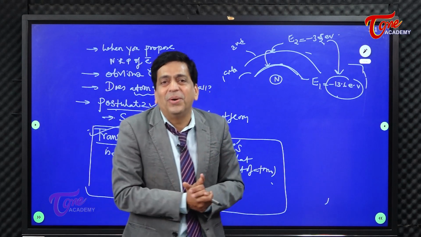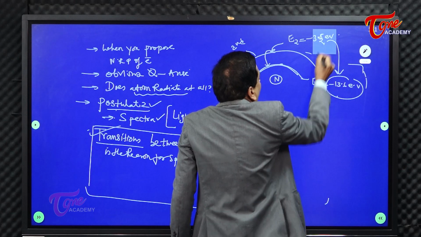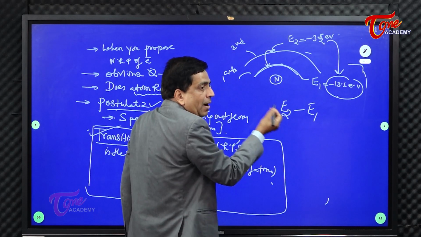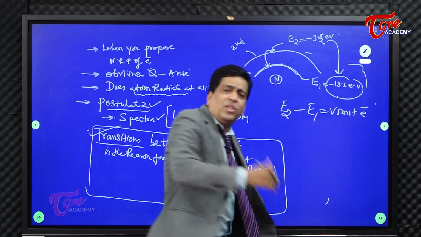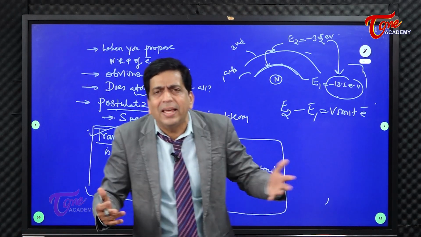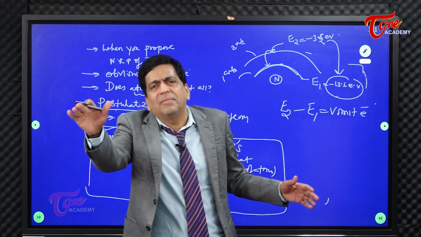Now the only option left for you, when you wanted to jump from the second orbit to the first orbit, is that you need to vomit this energy. You need to vomit it out. You cannot bring all your energy and mix it to me, because energy of each orbit is constant.